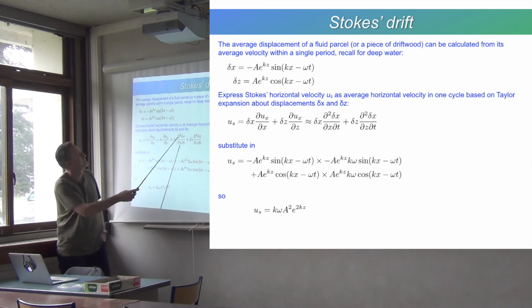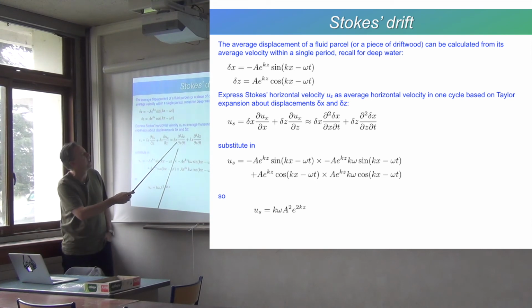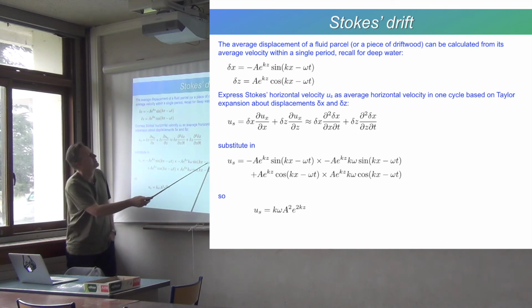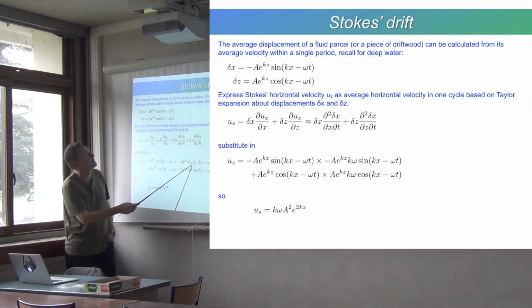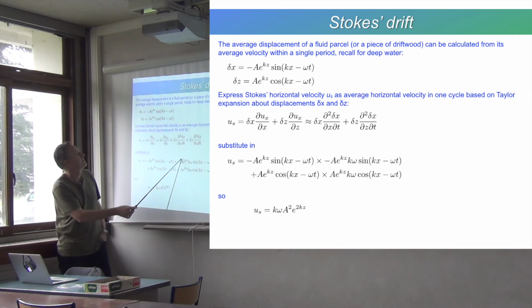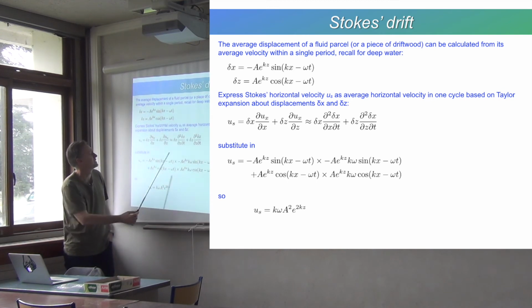Then we've got the double derivative of delta x with respect to x and t. When we take the derivative with x, we have the k, and when we take the derivative with time, we have the omega. So that gives us a k omega. So we've got a squared e to the 2kz, the k omega, and then the sine squared of kx minus omega t.